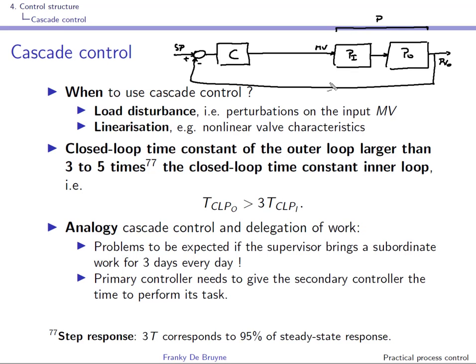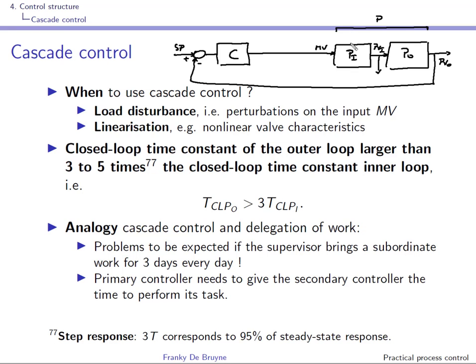Well, a first necessary condition to use a cascaded control is that we have access to this signal PVI, right? And if we have access, one reason why we would use cascade control is load disturbances.